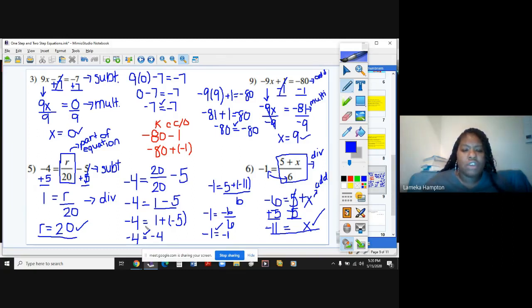Okay. And then for this last one that we just did, it started off as a division problem. And because it was a division problem, we had to multiply our two numbers here. And then I had an addition problem, and I had to do the opposite, which was subtraction.